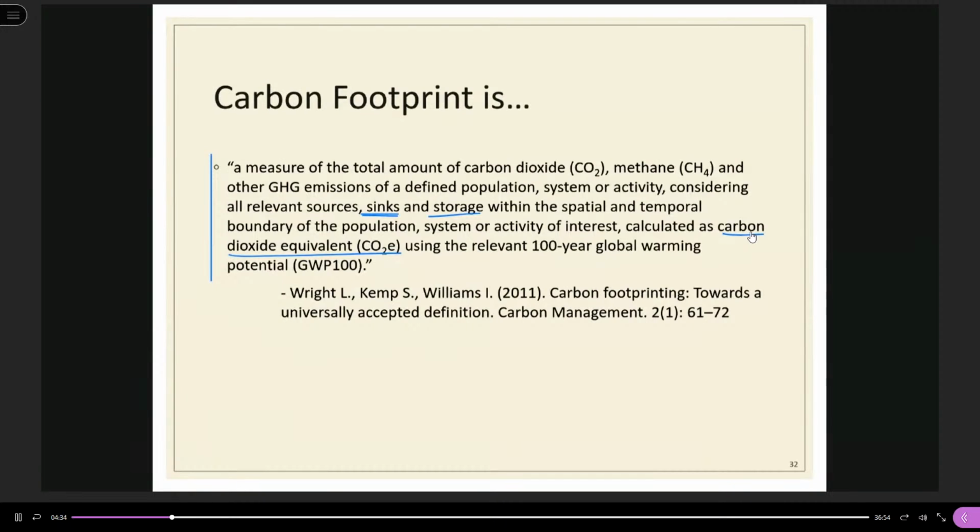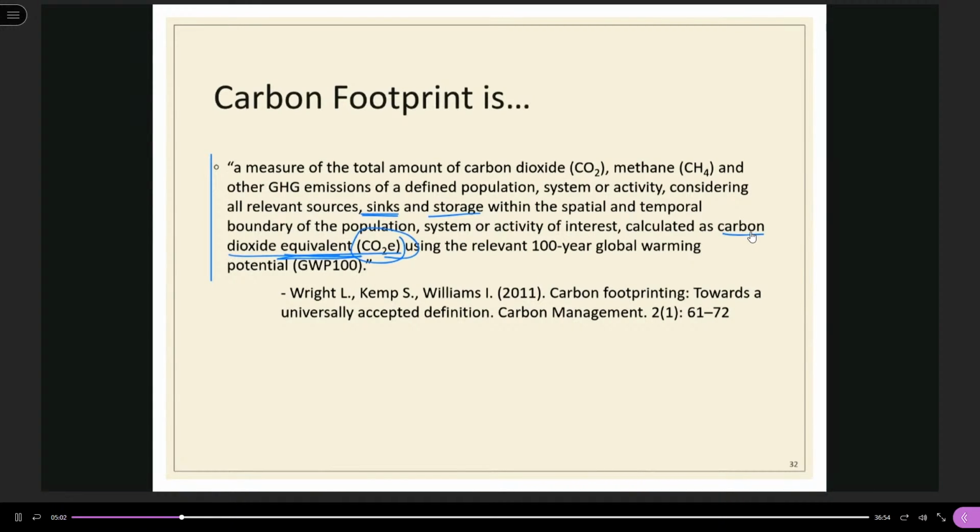So we take all these activities into account, and we find the net generation of carbon dioxide. And we have a term called carbon dioxide equivalent. Not only carbon dioxide emission, but carbon dioxide equivalent. So we will learn what it means.